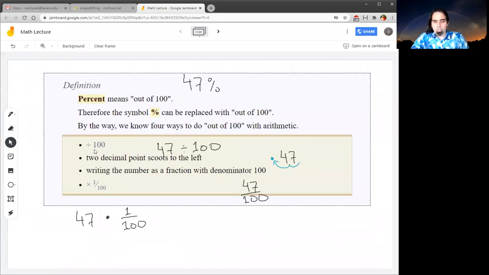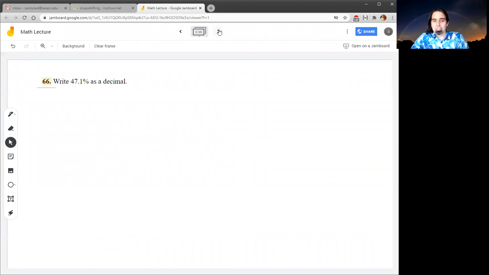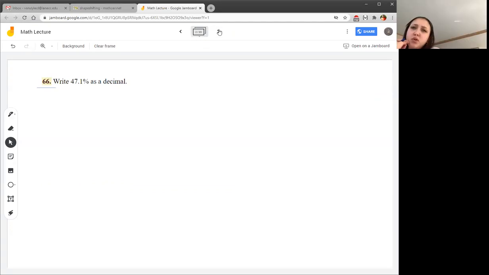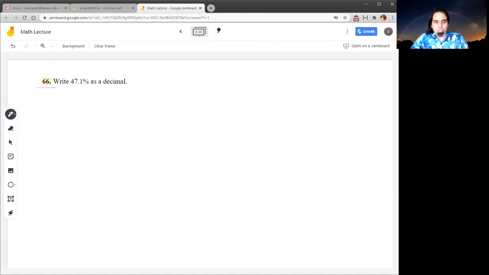Should I do a divided by 100, a decimal point scoot, write a fraction with the denominator 100, or write it as a times 1 over 100? Moving the decimal. Yeah. The other ones would all work eventually. It would just be really long and annoying.